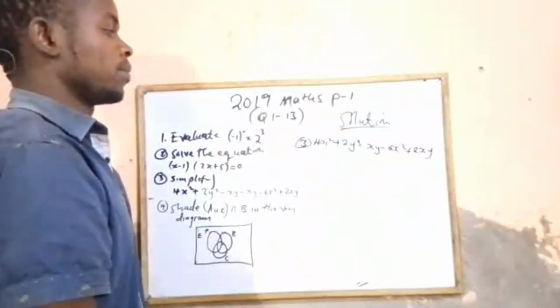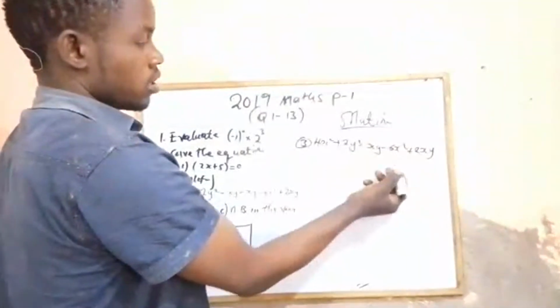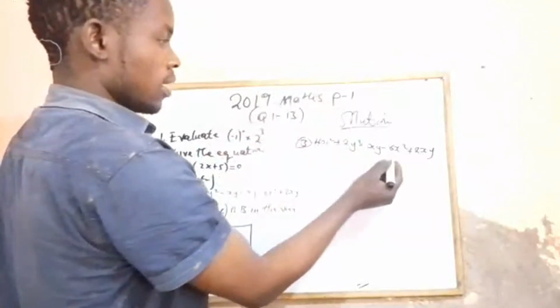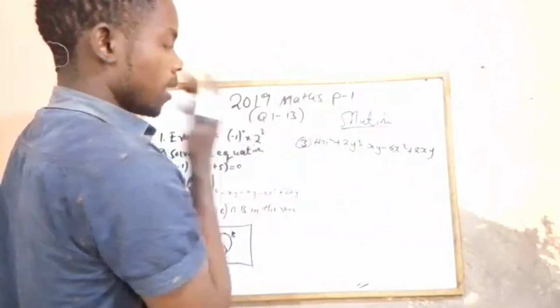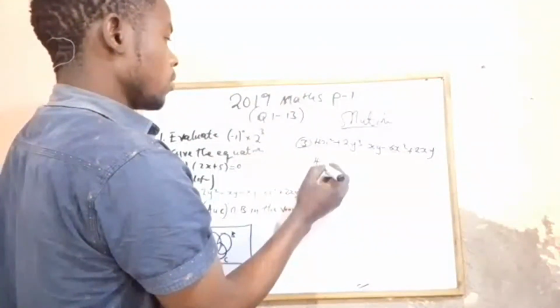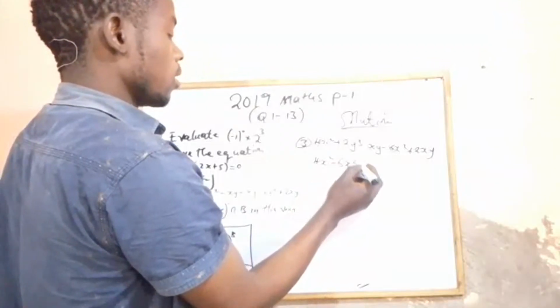So what you do, if you can see there are terms which are the same here, those terms should be grouped together. We have x squared here, so we say 4x squared minus 6x squared.